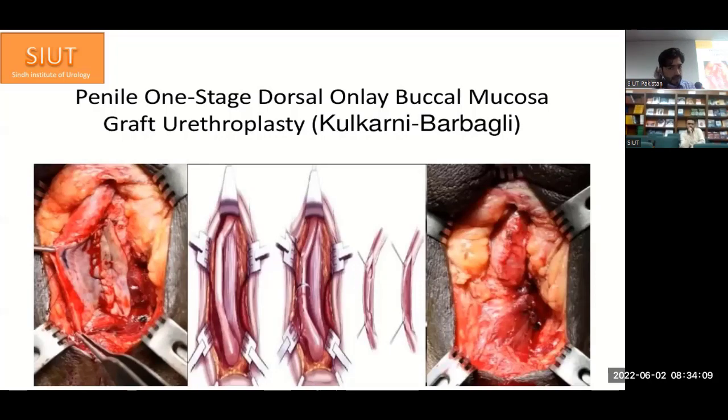This is the Kulkarni-Barbagli method. In this method, the urethra is completely mobilized dorsally. The graft mucosa is applied.